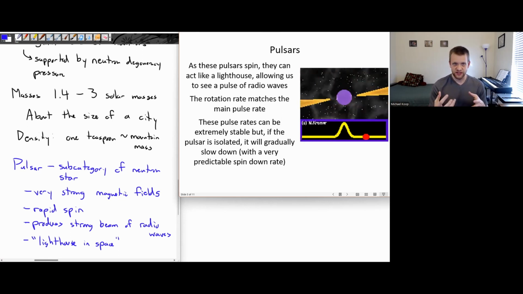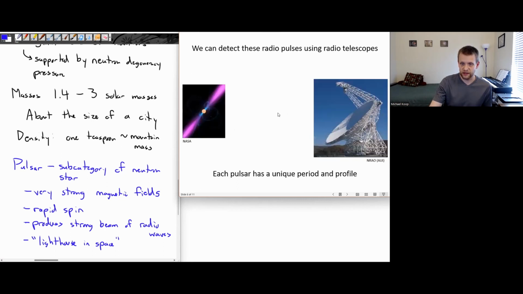So as scientists were starting to think of what else this could be, this idea of a neutron star had already been thought of. The idea that they could have very strong magnetic fields and could be spinning very rapidly led to, oh, well, maybe this is one of those neutron stars, a kind of neutron star.